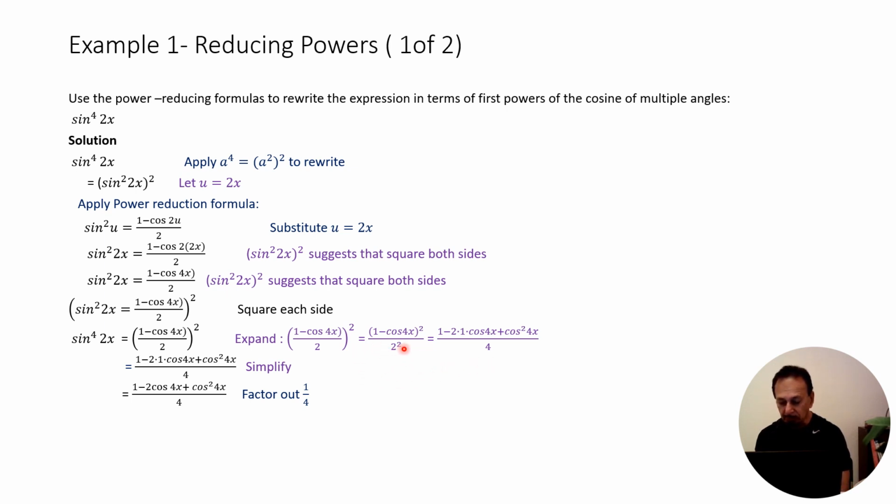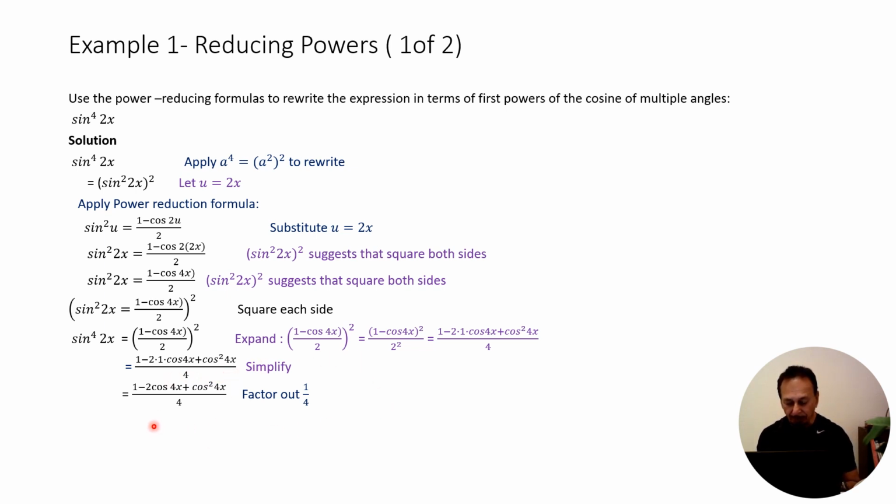And 1 minus cosine 4x squared becomes 1 squared, which is 1, and the cosine term squared will be cosine squared 4x. The middle term will be negative 2 times 1 times cosine 4x. So we rewrite this as 1 minus 2 cosine 4x plus cosine squared 4x.